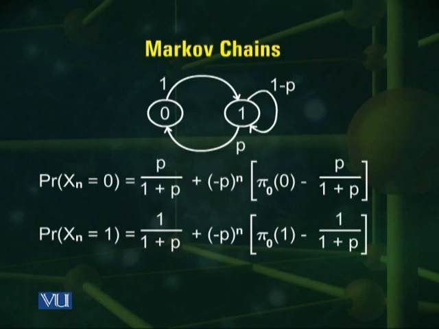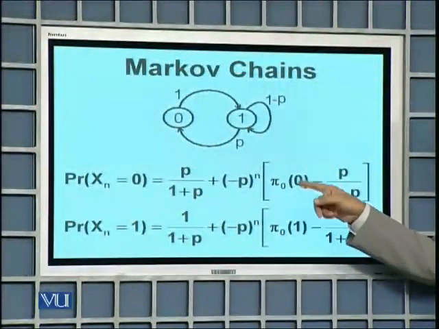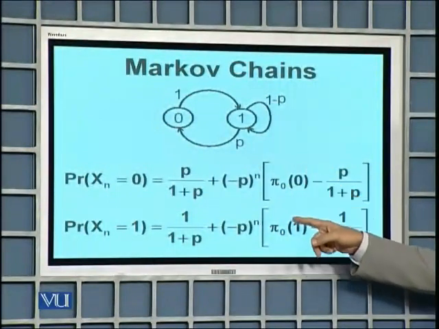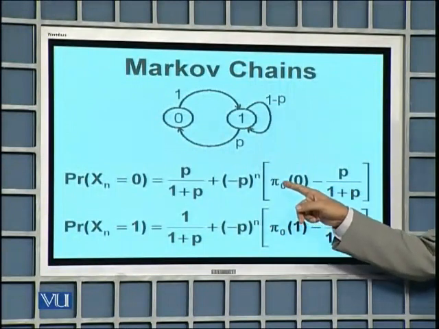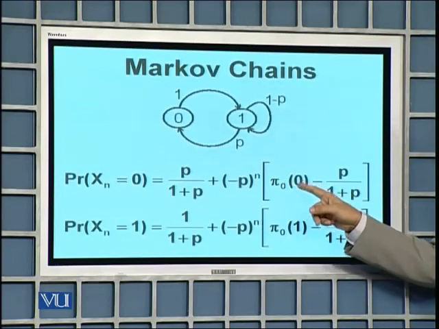You might have noticed one change in this formula. In the last lecture, I wrote pi and then state 0, and similarly pi and then state 1. Now I have used the more traditional notation of introducing a subscript 0 next to pi. This represents the probability at time instance 0.